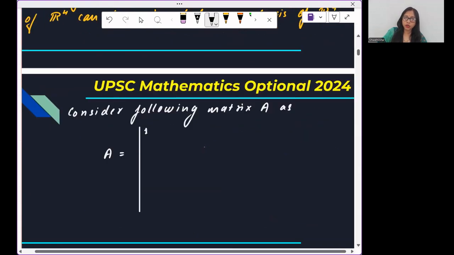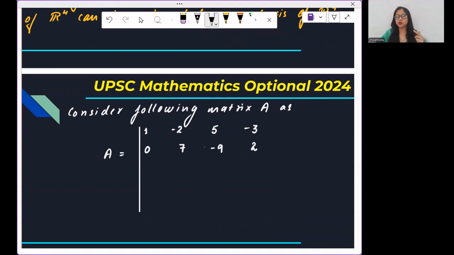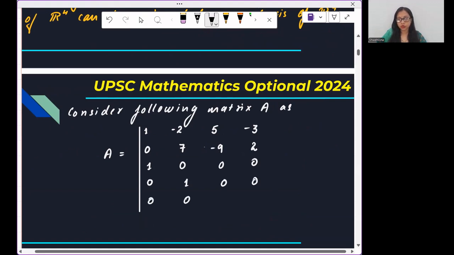So you write 1, minus 2, 5, minus 3, 0, 7, minus 9, 2. And then you write 4 standard bases. R4 dimension is 4, so we have 4 vectors in the basis set. What are the standard bases? Standard bases is 1, 0, 0, 0, 0, 1, 0, 0, 0, 0, 1, 0, 0, 0, 0, 1.